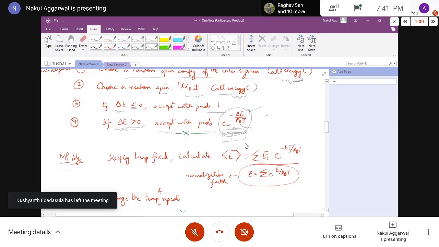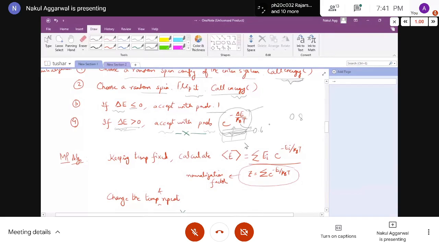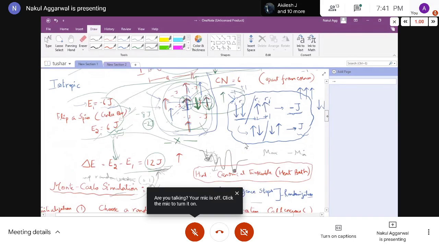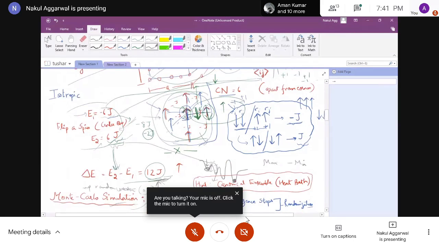You throw a random number generator again, let's say between 0 and 1. Let's say you got a value 0.8, and this value was 0.6. Now, it depends on the algorithm as well. Mostly in statistical physics, if this value is less than the random number thrown, then you accept the state. And basically, what I mean by accepting the state is you flip the spin.